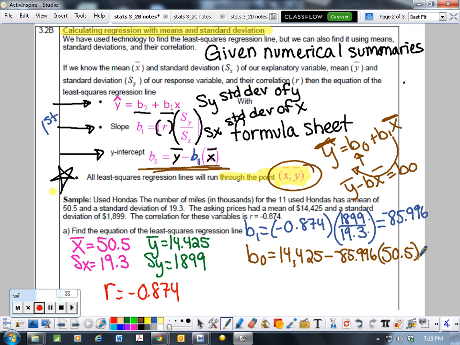And that's going to give us that intercept. And then we can write our equation. So now that I've calculated that, we've got 18,794.798. Now it's not exactly what we had when we did the regression formula, but it's pretty darn close, and it's close enough.